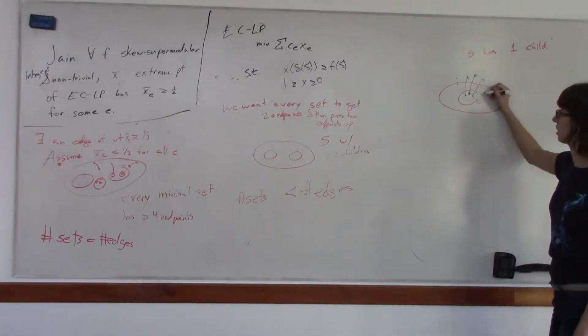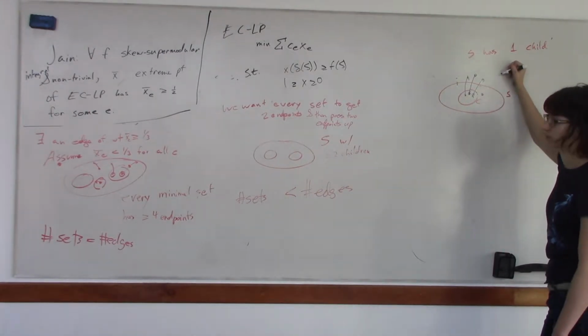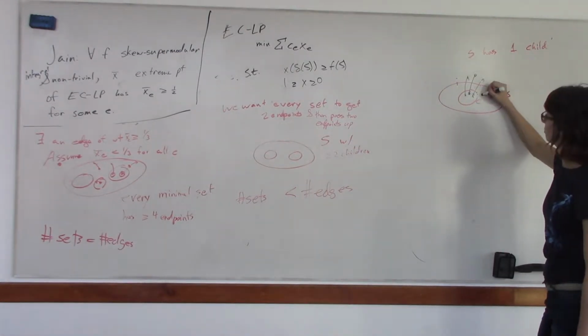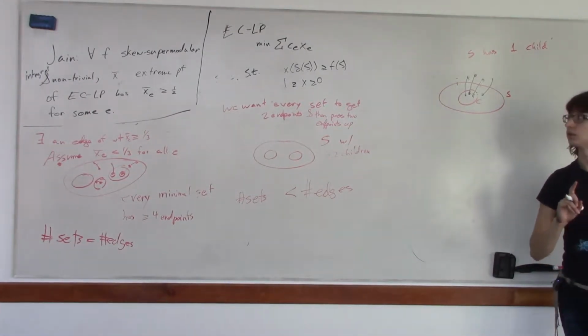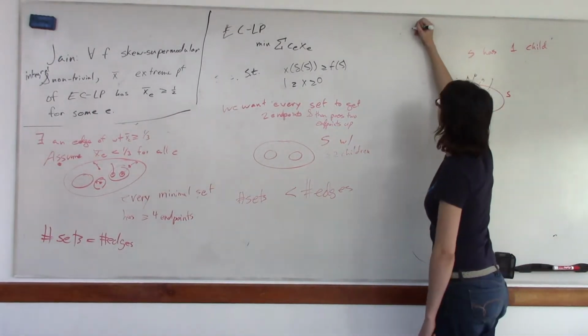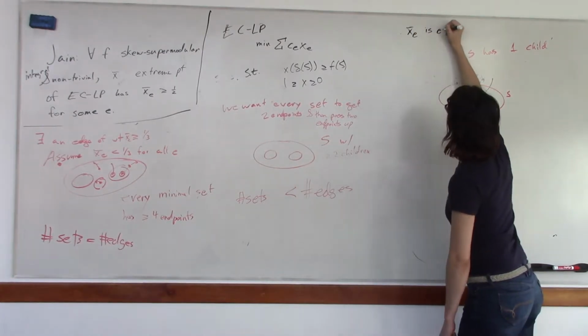So that means you have to have someone that starts here and either goes into here or goes out of here. But let's say you only have 1. Then you have to place a third. Sorry, I have x_e is entirely fractional.